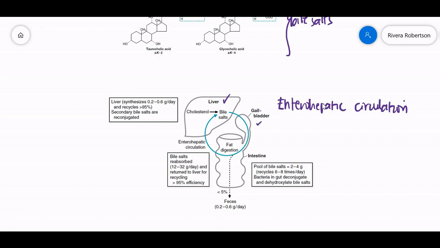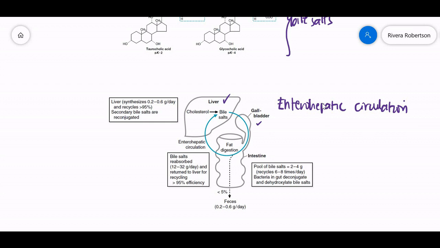When you ingest a meal, that's when the gallbladder releases the bile acids and bile salts into the intestine. So when the food reaches the intestine, the gallbladder releases its contents. It is utilized for the emulsification of fats in the diet so that we can absorb them efficiently.